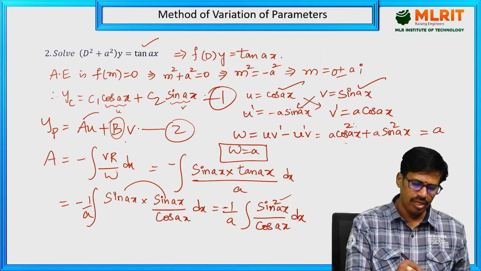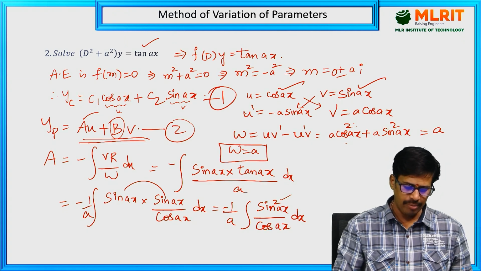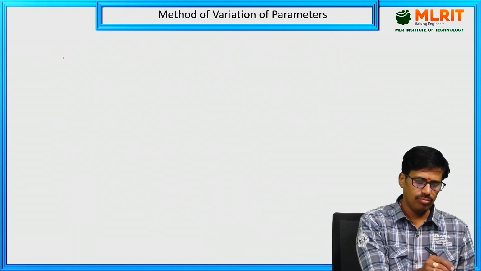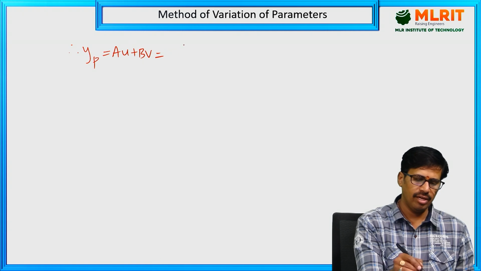Substitute A, B values in equation 2. We get yp. So yp is equal to A into u plus B into v. So what is A here?